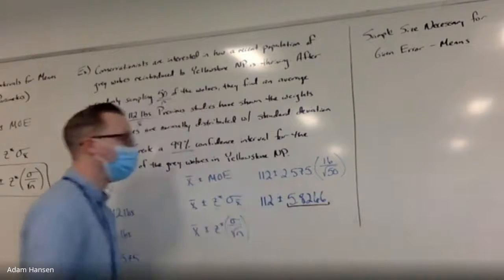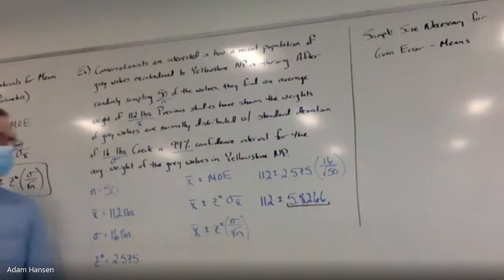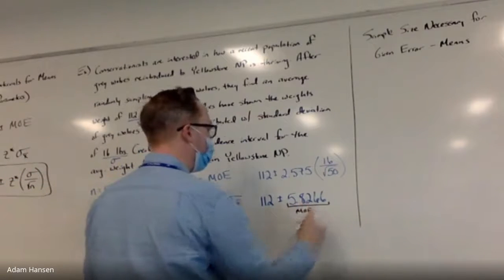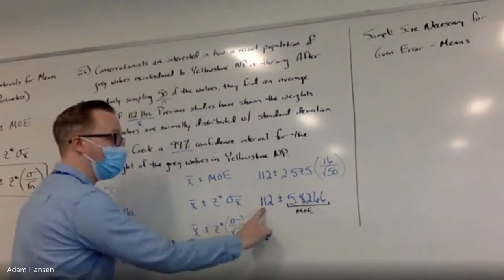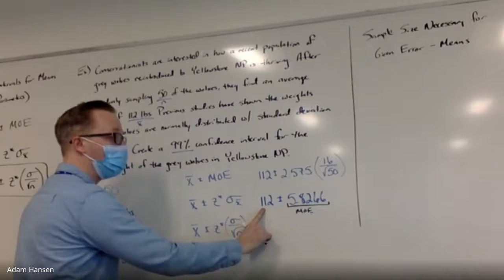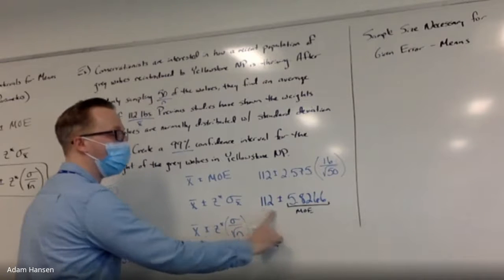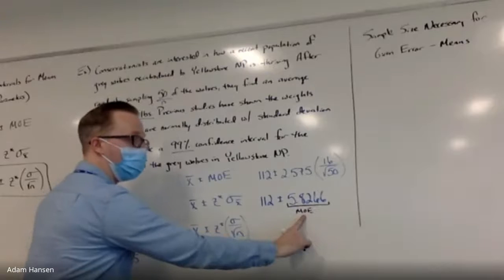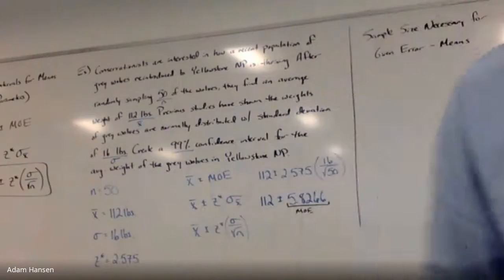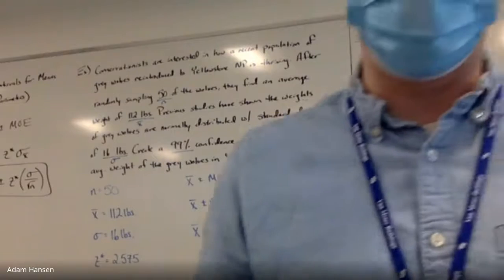What I have to add and subtract? Sure, that's the margin of error. My estimate, based off the 50 wolf samples, shows an average weight of 112 pounds. That's no more different than the actual average weight for all the wolves in the park than 5.8266 pounds. No further than that, that many pounds away from the actual population average weight.